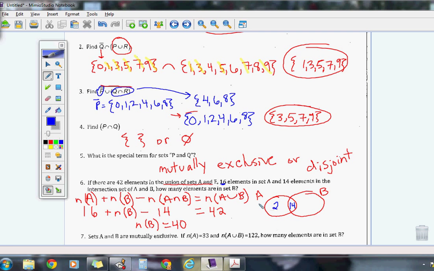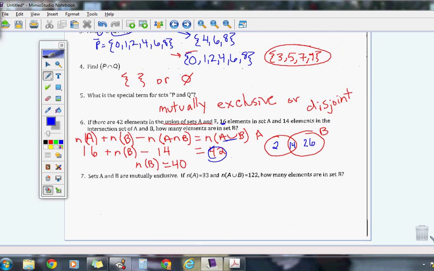Well, set B, like we just found out, has 40 elements in it. So what we have here is a 26, because 26 plus 14 makes 40. And 26 plus 14 plus 2 equals 42. That's all the elements in A or B. So you can think about it as a Venn diagram or as the counting formula. It should work either way.